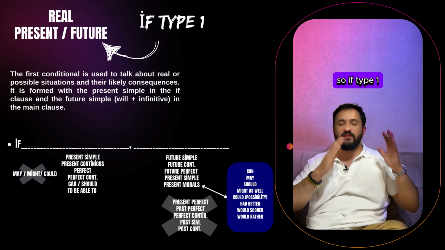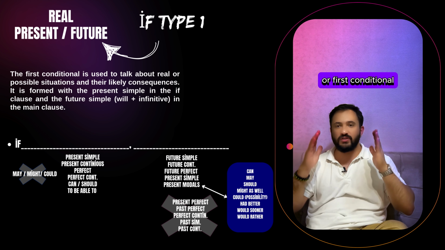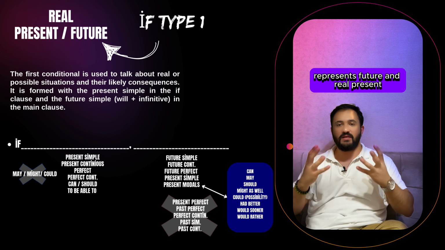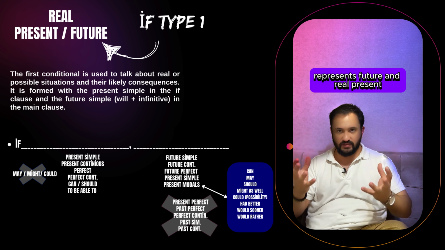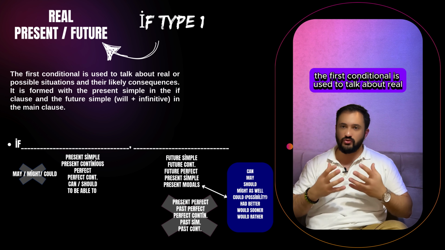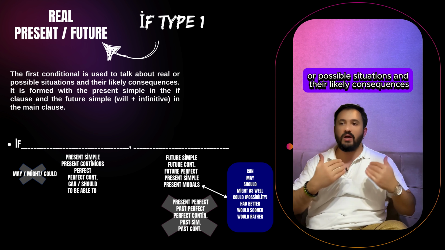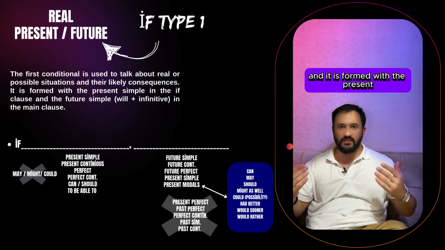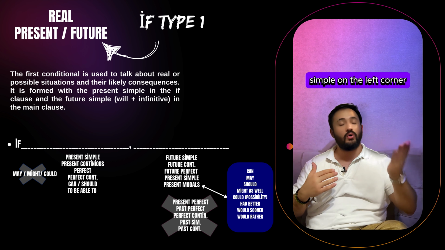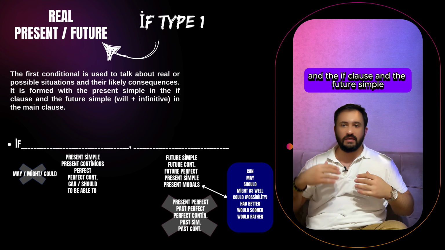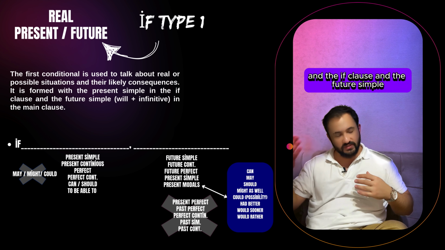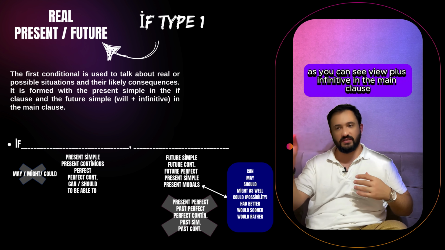So if type 1, the first conditional, represents the future and real present. The first conditional is used to talk about real or possible situations and their likely consequences, and it is formed with the present simple in the if clause on the left, and the future simple, will plus infinitive, in the main clause.